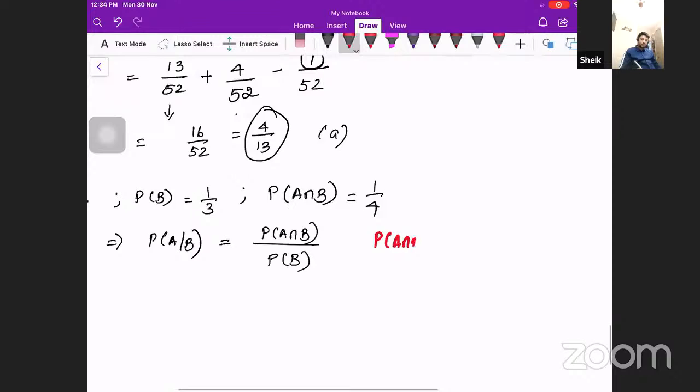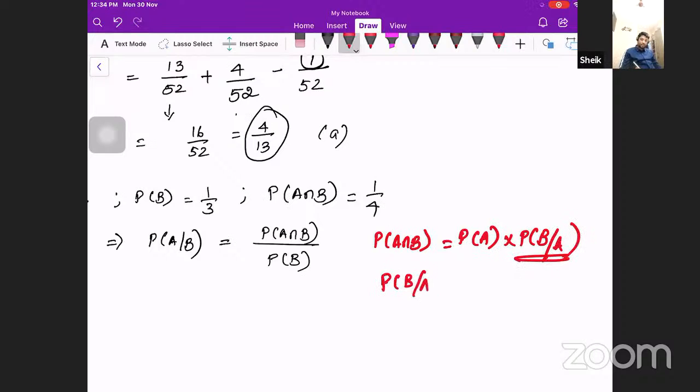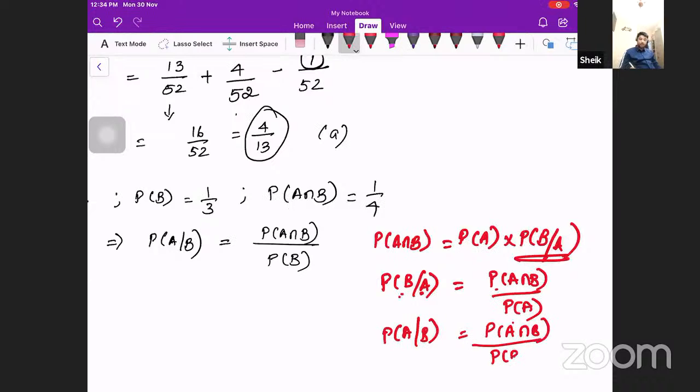P of A intersection B is P of A into P of B given A. So from here, P of B given A is P of A intersection B divided by P of A. If it is B given A, the formula is P of A intersection B by P of A. If it is A given B, the formula is P of A intersection B divided by P of B.